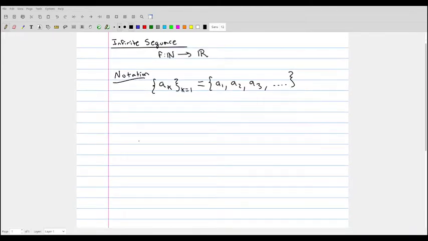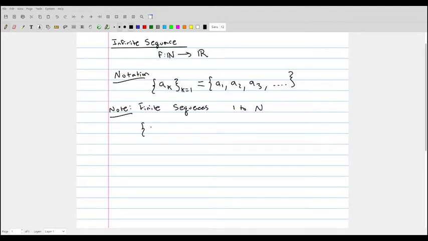An interesting note is that finite sequences, which are sequences that stop at some value, are actually included in this expression right here. Because what we could say is that for any finite sequence from 1 to n, you can write the finite sequence as a unique infinite sequence.